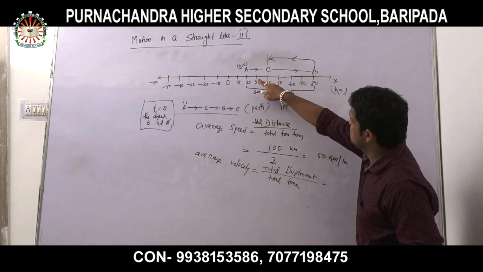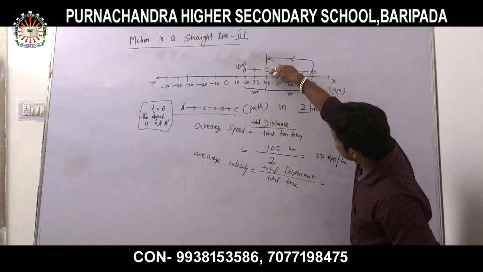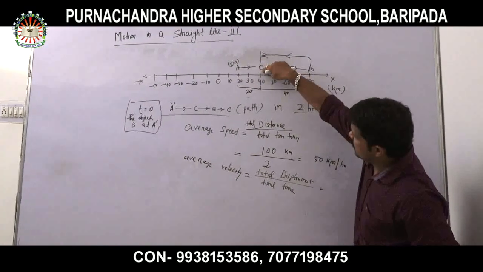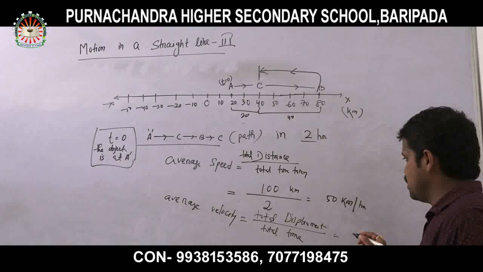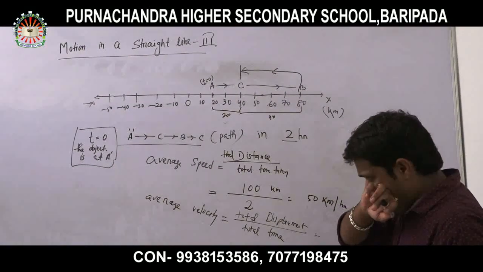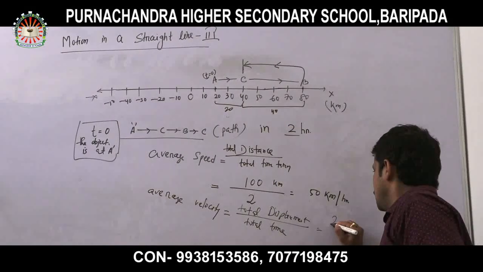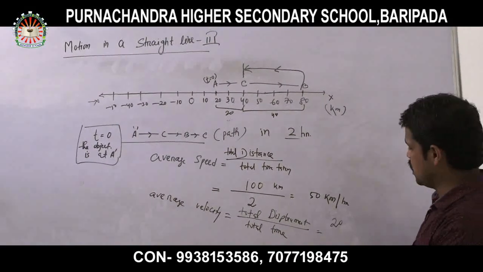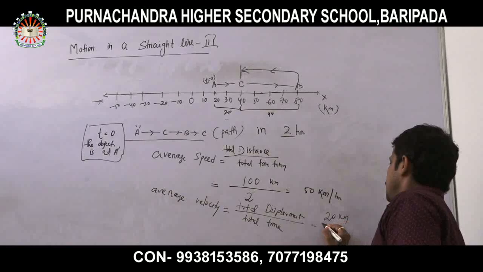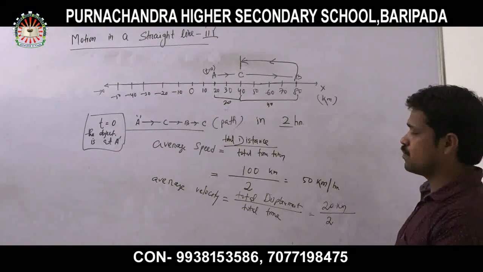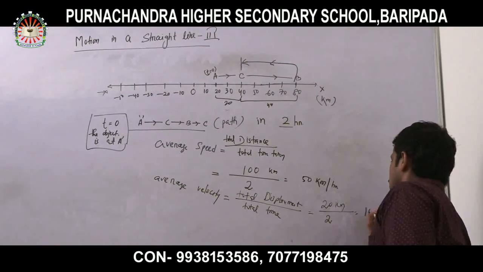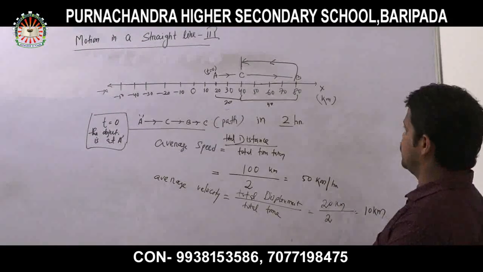So let us find out. It starts from A, ending here. So this is your 20. Clear all of you? So 20 kilometers divided by 2. So this is your 10 kilometers.